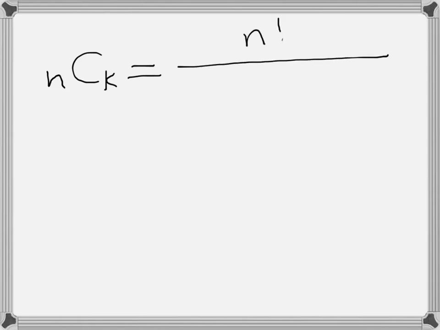So in the previous problem, what we were looking at was n choose k. And the formula here looks a lot like the permutation formula. So in the numerator, we have n factorial, and we have n minus k factorial, but we need to get rid of the order, which shows up here with k factorial.